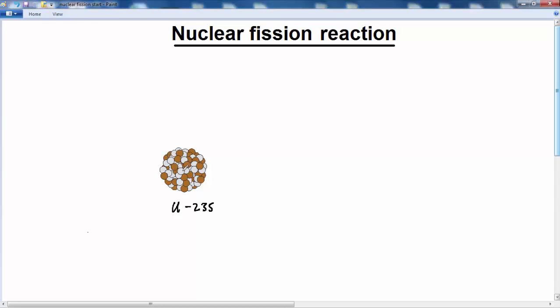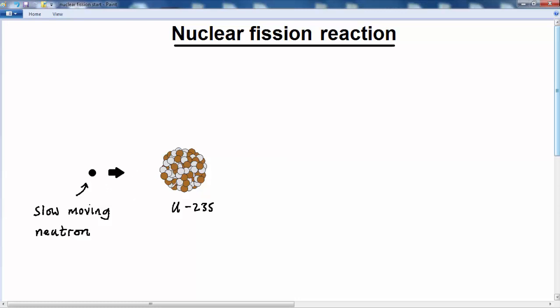In most cases, the fuel used for nuclear fission is uranium-235. In order to access the energy stored in the nuclei, we're going to get it to absorb a slow-moving neutron. We'll look at the technical side of this process when we look at the nuclear reactor in the next lesson.